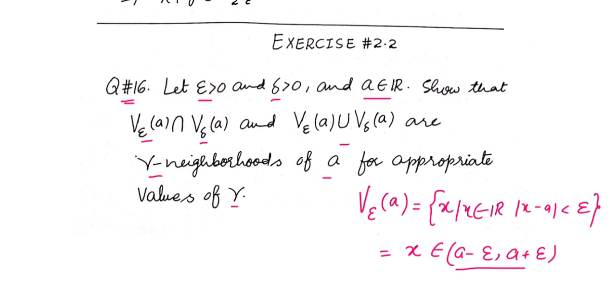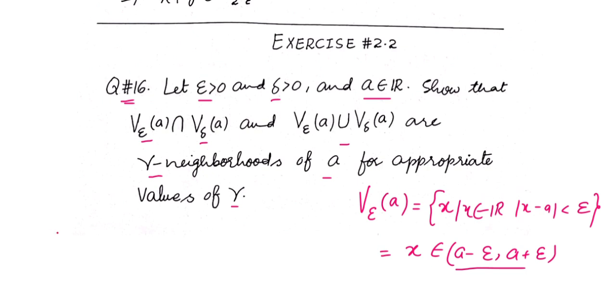Actually, what does this question say? This question says the intersection and the union of two neighborhoods of a is always another neighborhood. Actually, this result can be derived from metric spaces, and you can see this is also available in topology.